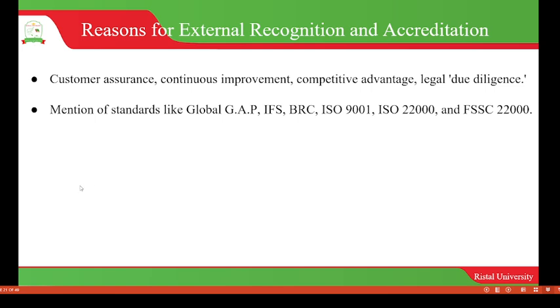One, being recognized externally creates what we call customer assurance. Why? Because the customer will build confidence.